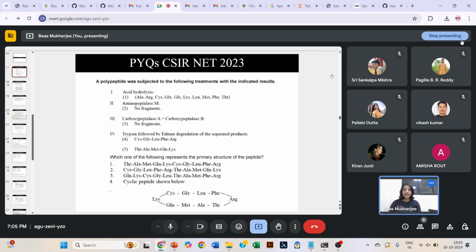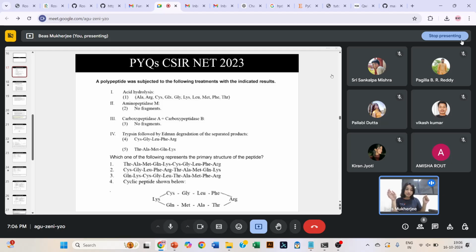Then it is not giving you any fragments. So aminopeptidase M is not giving you any fragment, and that is an indication that it is not a linear peptide. How do you understand that? Because both carboxypeptidase A and B are not giving you any fragment, plus aminopeptidase M is not giving you any fragment.